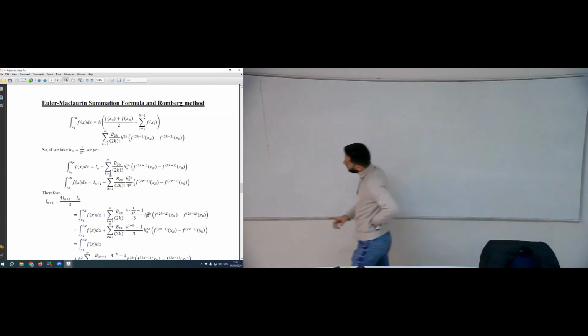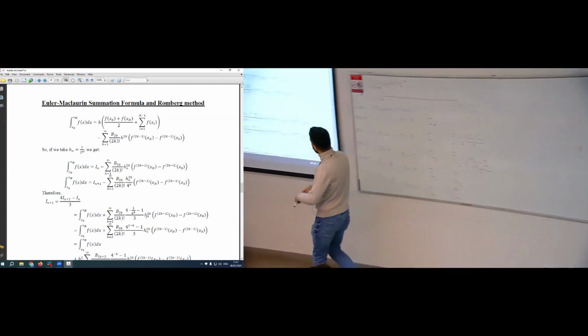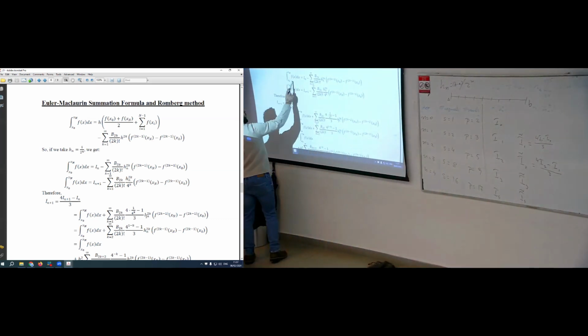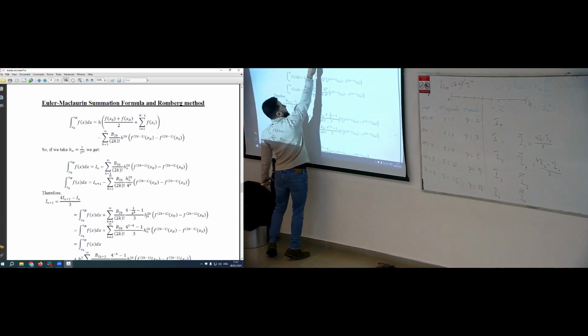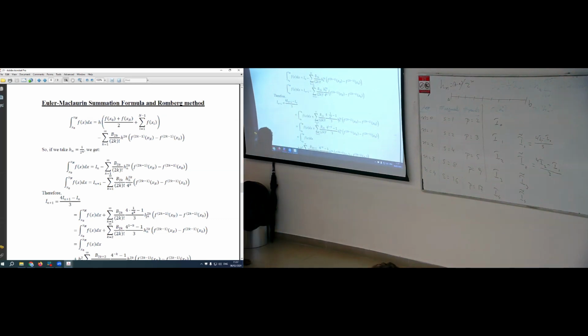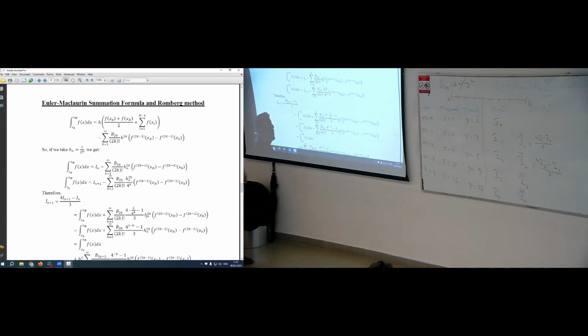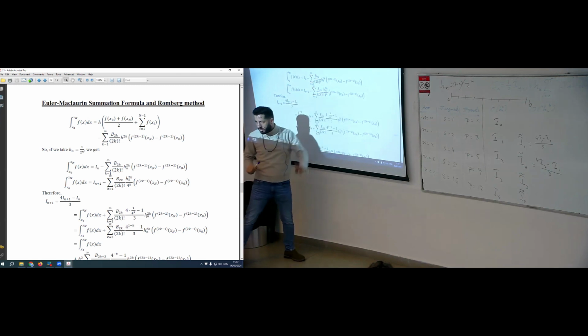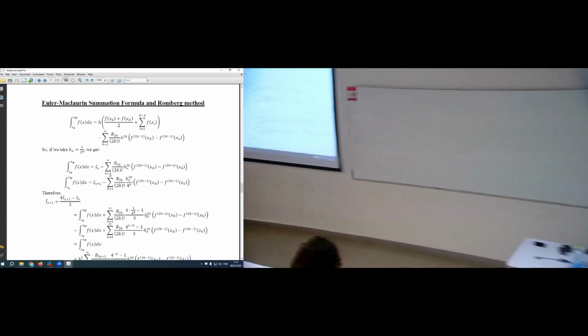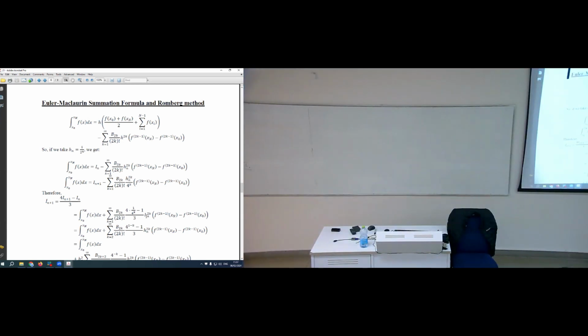What we can see from this is that the integral equals, for example, take n to be 2 to the n. So the integral equals this. And take n to be 2 to the n plus 1, the integral will be this. What is important here is that this and this don't depend on h.